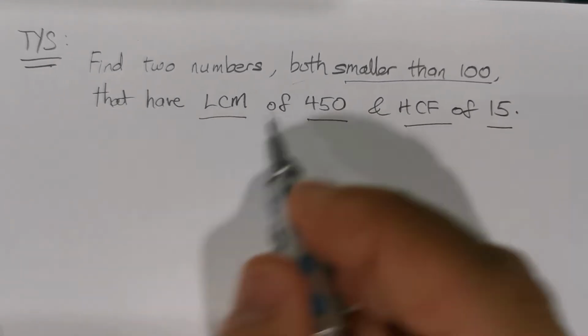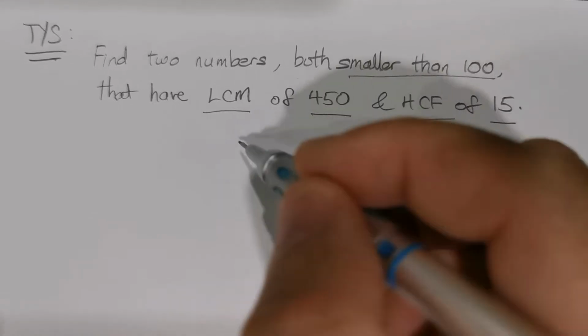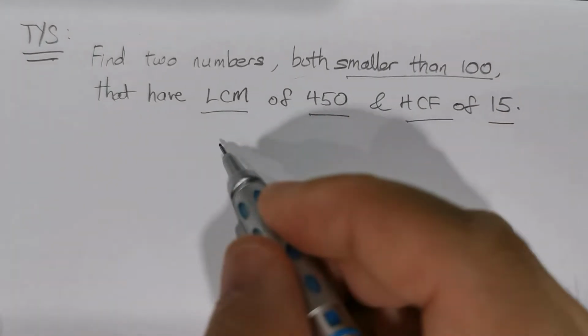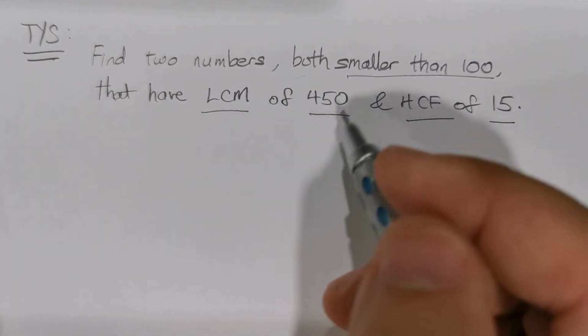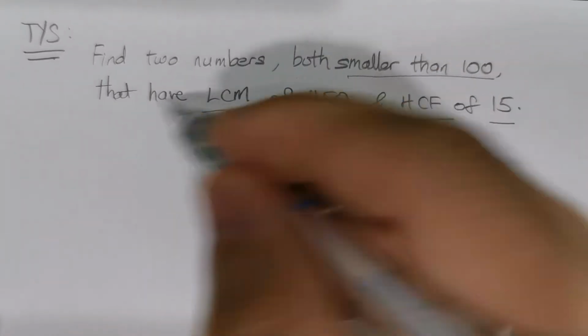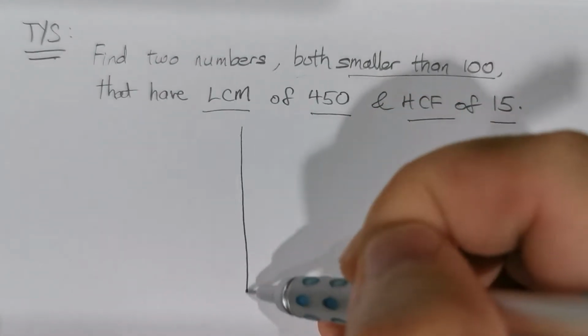Now before you do this question, first of all you must understand how we find LCM and HCF from two numbers. So before we do this question, I'm going to give you a very simple example.